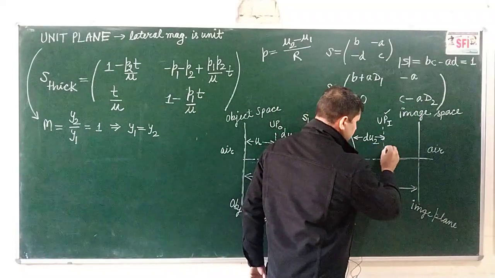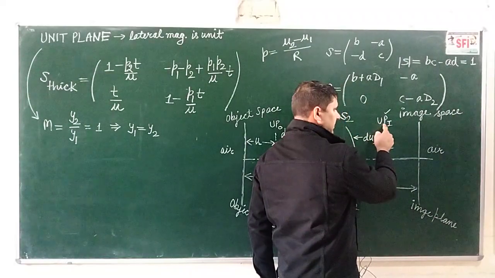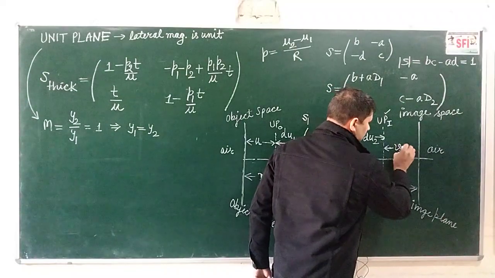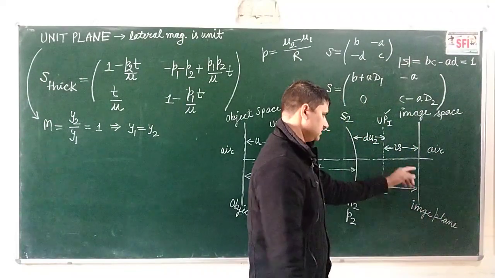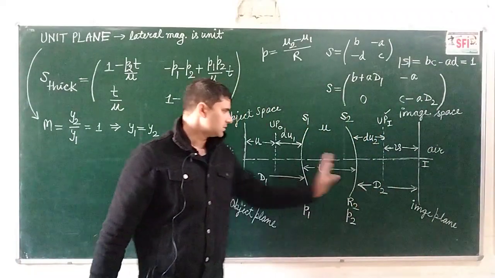The distance of the image plane from the unit plane in image space is v. The distance of the image from the second refracting surface is d2.